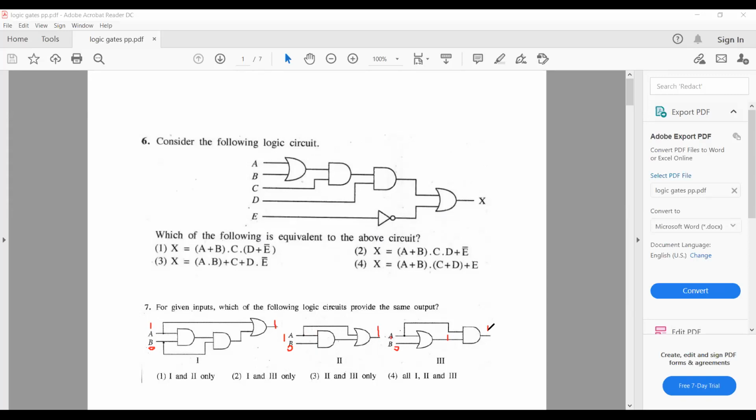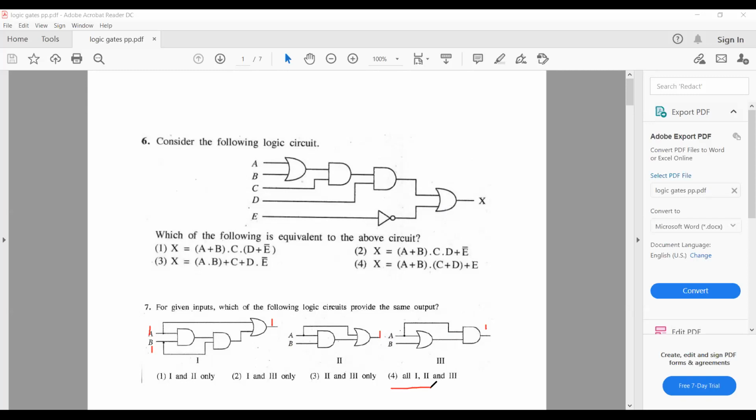Then I am using 1, 1. Here also 1. So all are giving the same output. So this is the fourth answer.